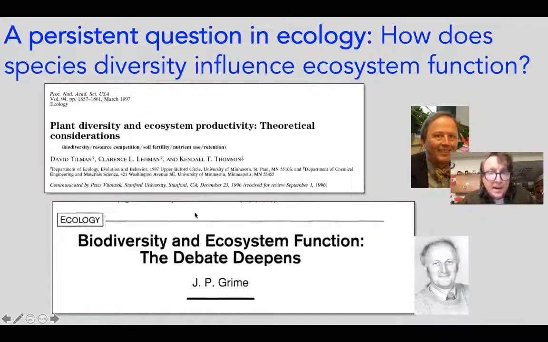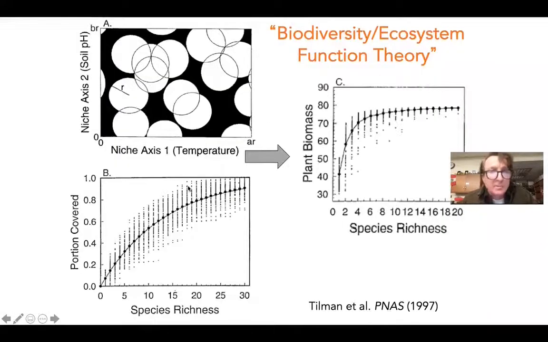Now, this debate has focused on how one actually makes this connection between biodiversity and ecosystem function. I'm going to focus on this paper by Tilman, where there's this very nice graphical model. In this model, Tilman and colleagues imagine species as these circles in niche space.